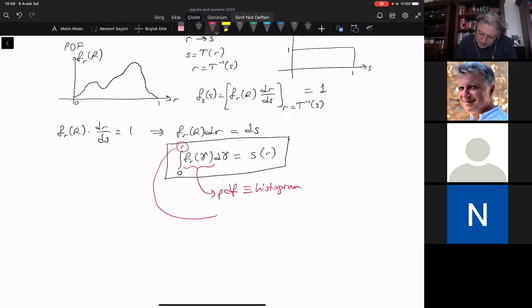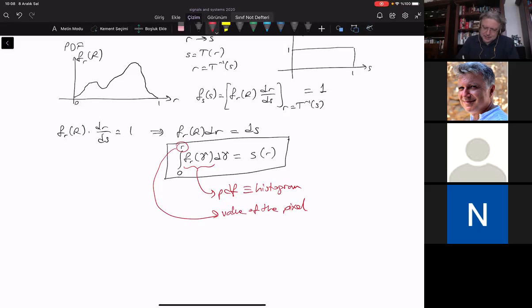Here, this is the value of the pixel, and we are accumulating, or integrating, from 0 to the value of the pixel, all the PDF or all the histogram. So how does it work?